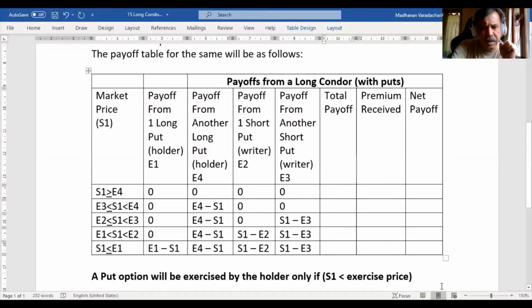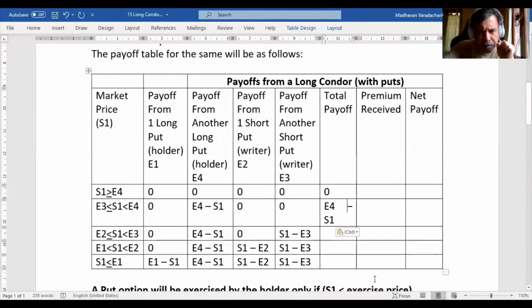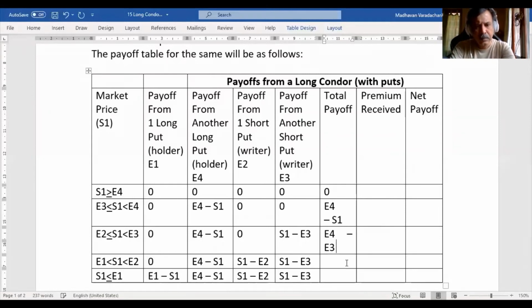Total payoff, first one it will be 0, second one it will be E4 minus S1. Next, S1 gets cancelled, so you have E4 minus E3. Next, S1 gets cancelled.